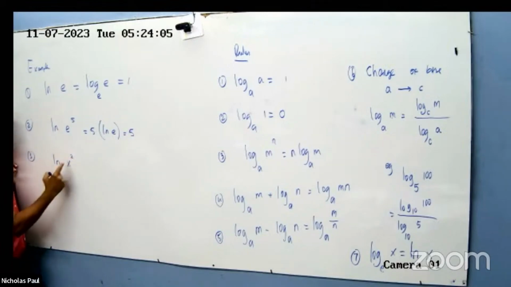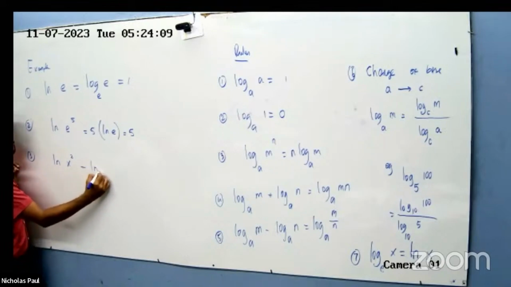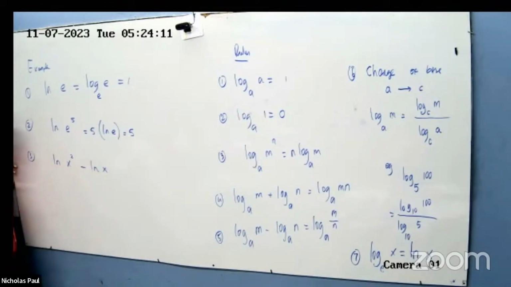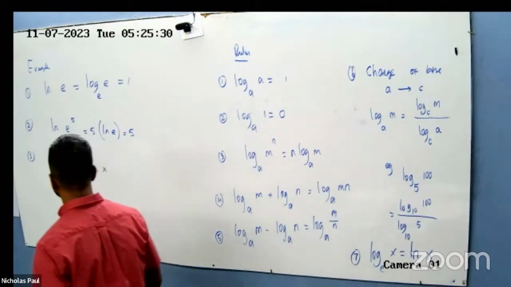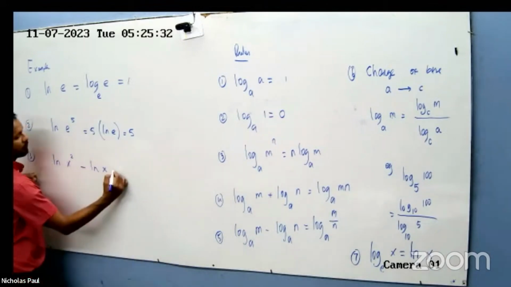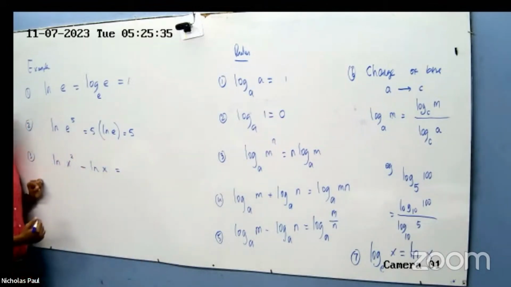What about, let's try and simplify this as far as we could. Ln x squared minus ln x. Copy it down. Let's try that. Right, so what does it simplify to? You have a few options.